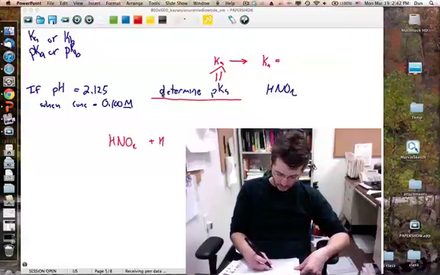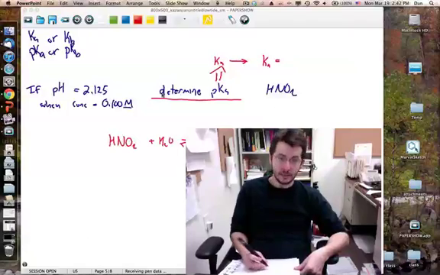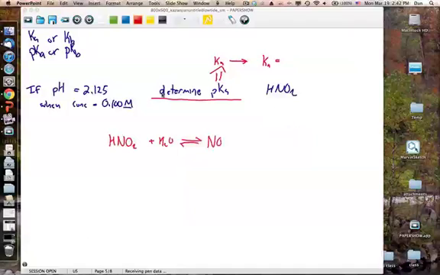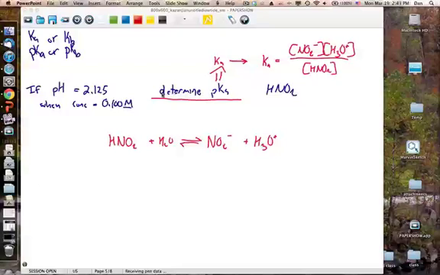HNO2 plus water in equilibrium with NO2 minus plus H3O plus gives us Ka equals NO2 minus times H3O plus all over HNO2, and this is undissociated HNO2 at equilibrium.